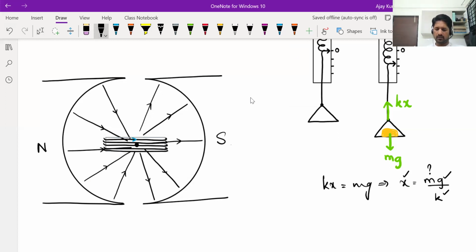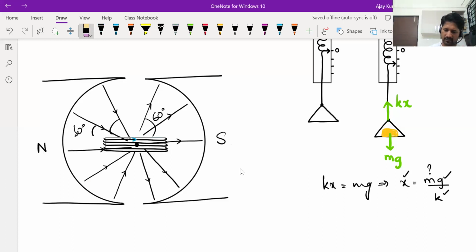Now you can see different field lines are at different angles with the loop. But the advantage we have here is, even if this loop rotates by a certain angle, at this instant there is maybe one field line making 30 degrees with it, one making 45 degrees, one making 60 degrees. Different field lines make different angles with it.